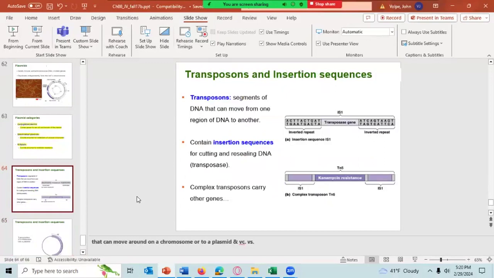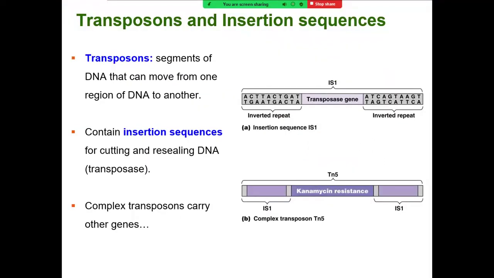Let's talk a little bit about transposons. Transposons are an odd piece of DNA in that it's a piece of DNA that moves about in the DNA. So this piece of DNA can excise itself from its location and then move and insert itself into a new location in bacteria in the same chromosome.